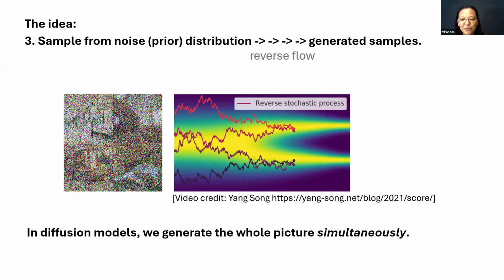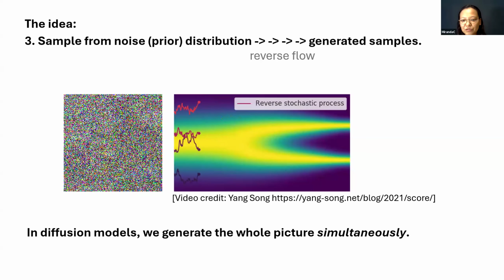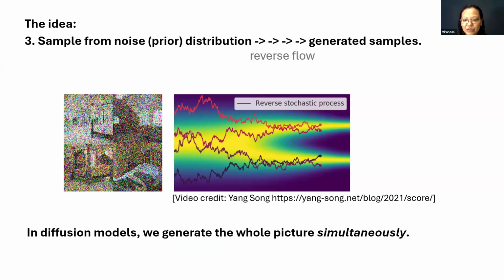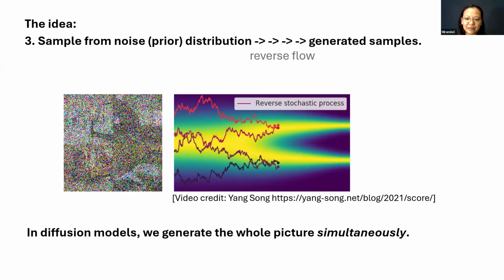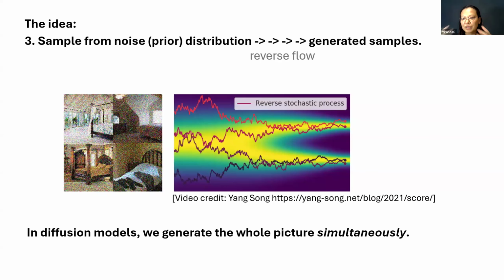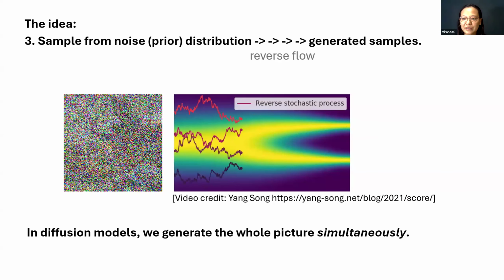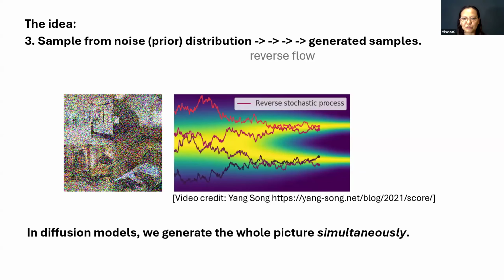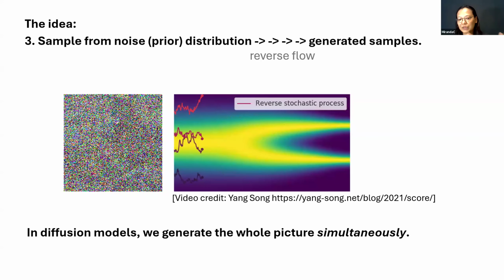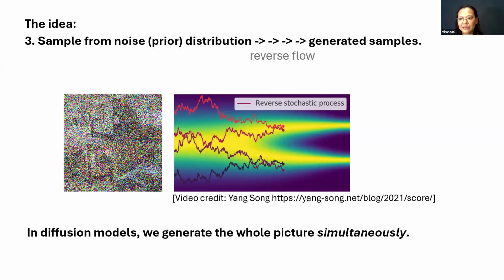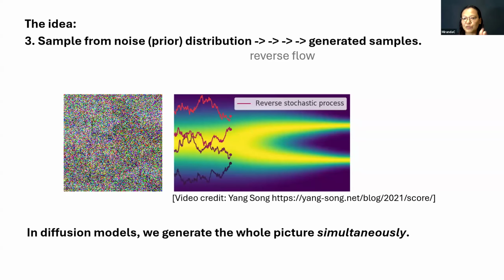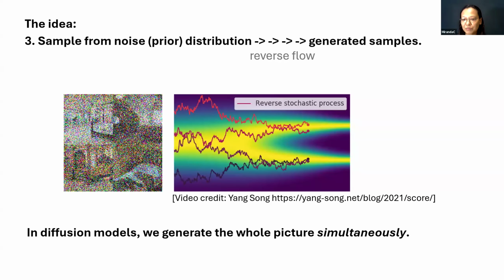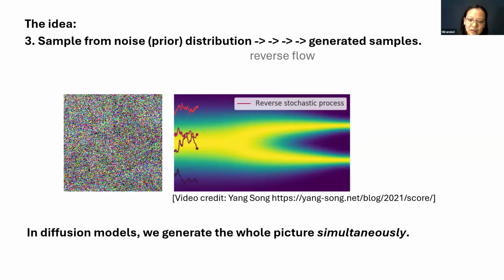Okay, so anyway, in this kind of diffusion model, as you can see, we generate the whole picture simultaneously. By this, we mean that we generate all the pixels simultaneously. There's no distinguishing between generating one pixel first and then the next pixel, etc., because we noise everything simultaneously. We add noise to all the pixels simultaneously.